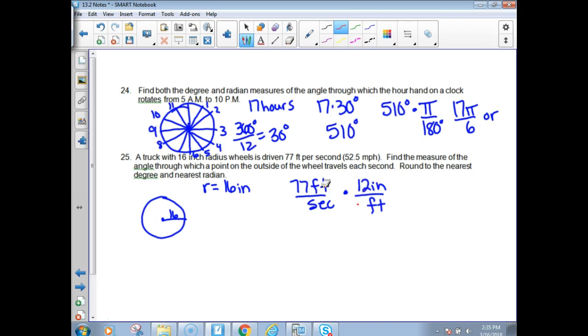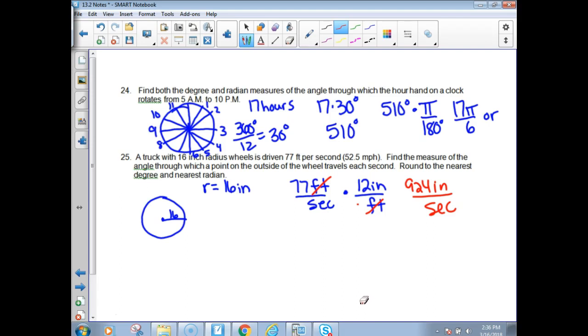A lot of you have already done dimensional analysis in your chem or in your science class. All right, feet cancels out with feet. Now I got 77 times 12, which is 924 inches a second. Okay, 924 inches per second is the speed.